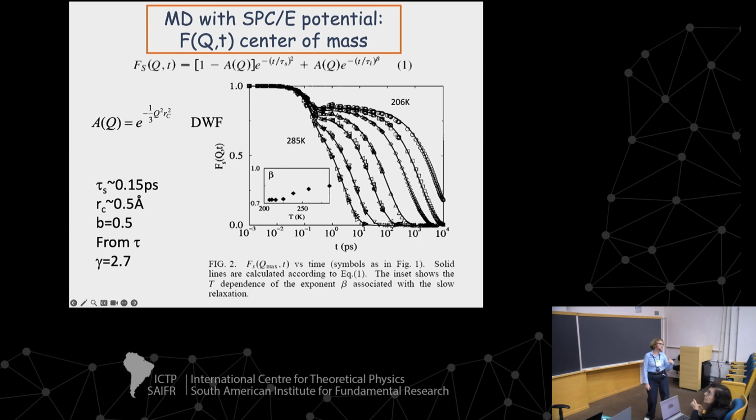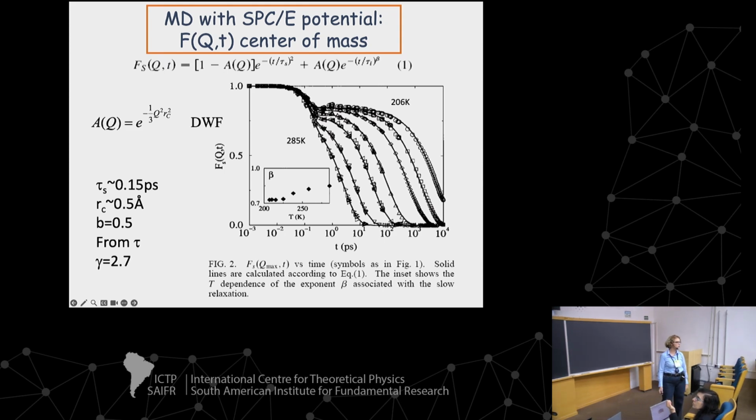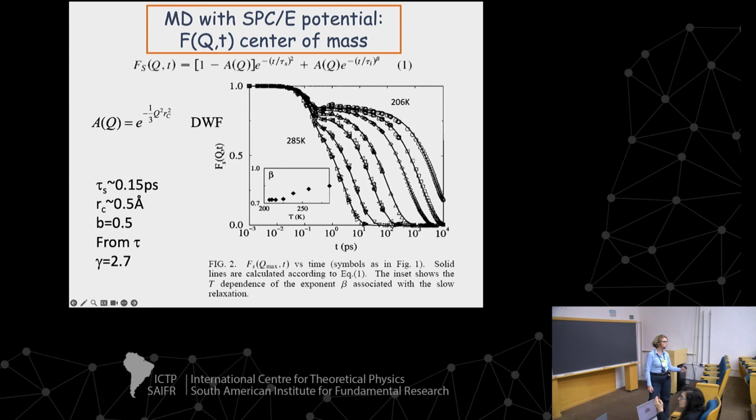If you want to study the rotation together with the translation, you can calculate this correlator altogether. Hydrogen has also rotation. In fact, we did also another study in 1996, in which we were taking into account the rotation to see how they were coupled to translation, to make sure that in a neutron scattering experiment you were not measuring rotation instead of translation.